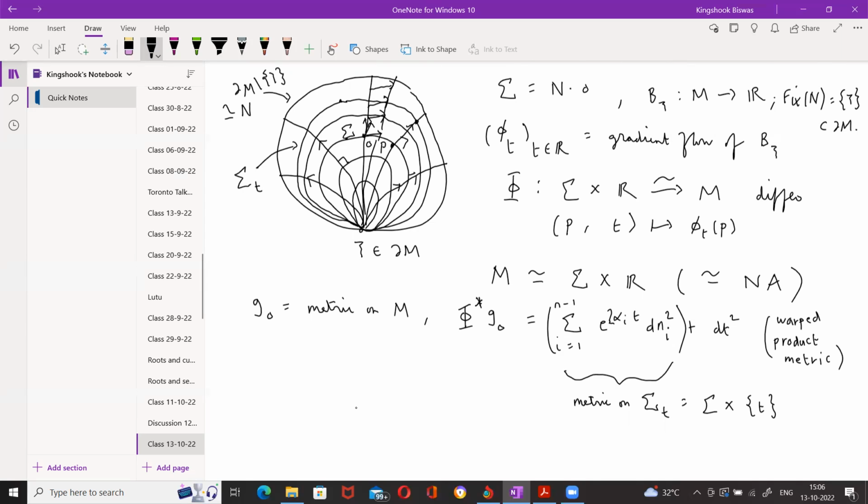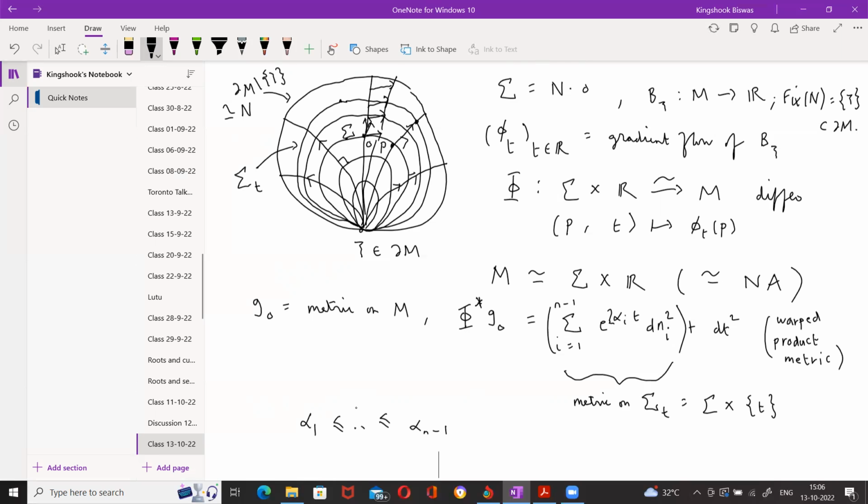In that case you don't get a metric on N, because some directions will blow up to infinity. So I rescale by the smallest: let alpha_1 be the smallest and alpha_{n-1} the largest.